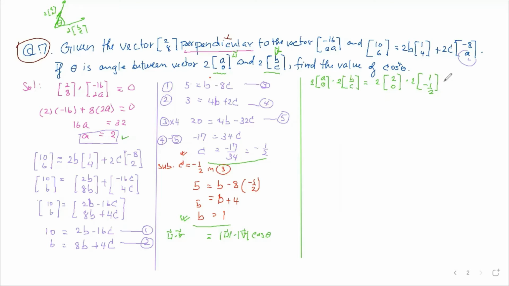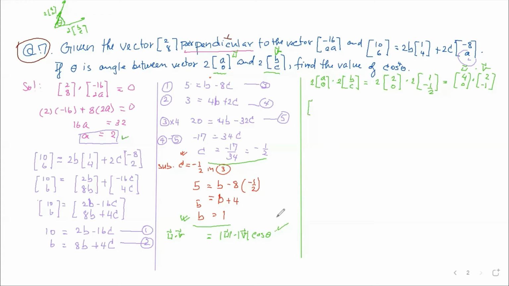From this one, if we simplify, it's going to be 4, 0, and times this one, 2, and negative 1. So this one is vector u times vector v. Next step, replace in this formula. So u times v, we write down this side.